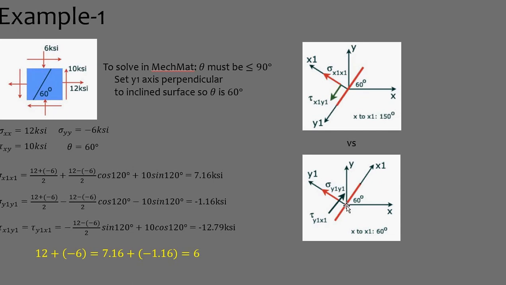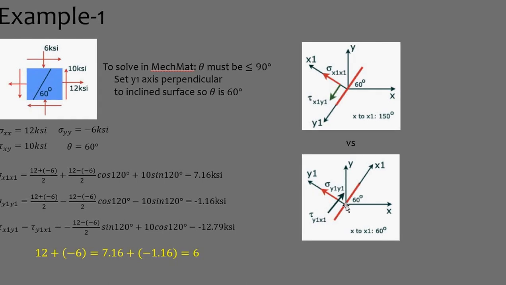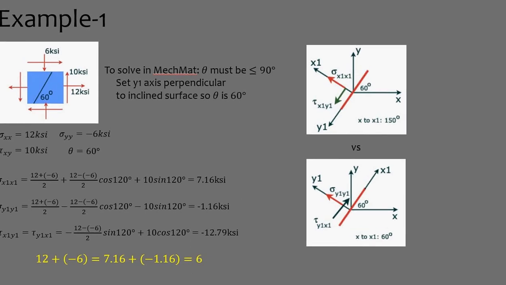Doing this, you will end up with the same answers. It's just the answers are going to be associated with different axes. They'll be labeled differently, and the sign may change. Otherwise, it is the same answer.